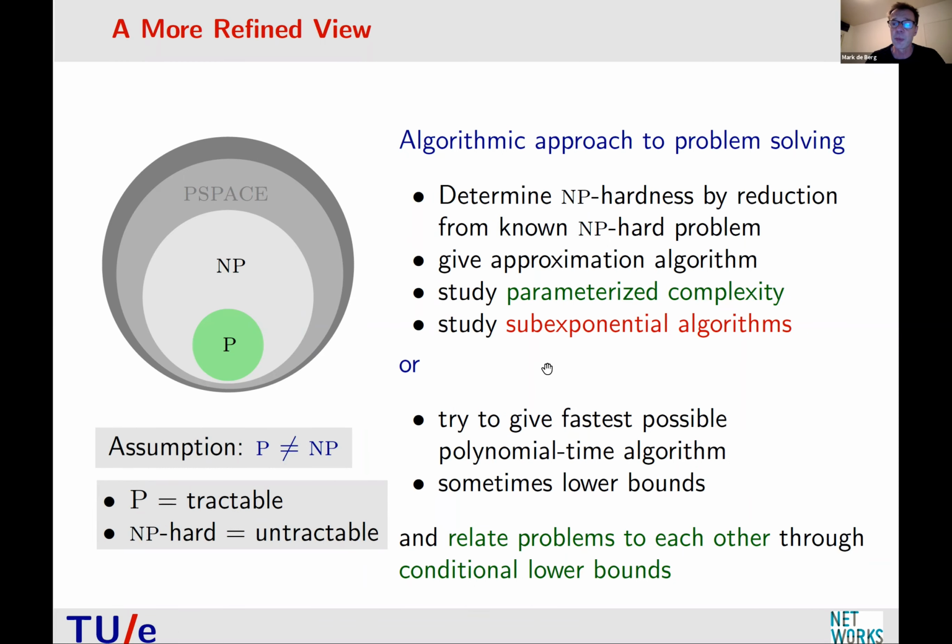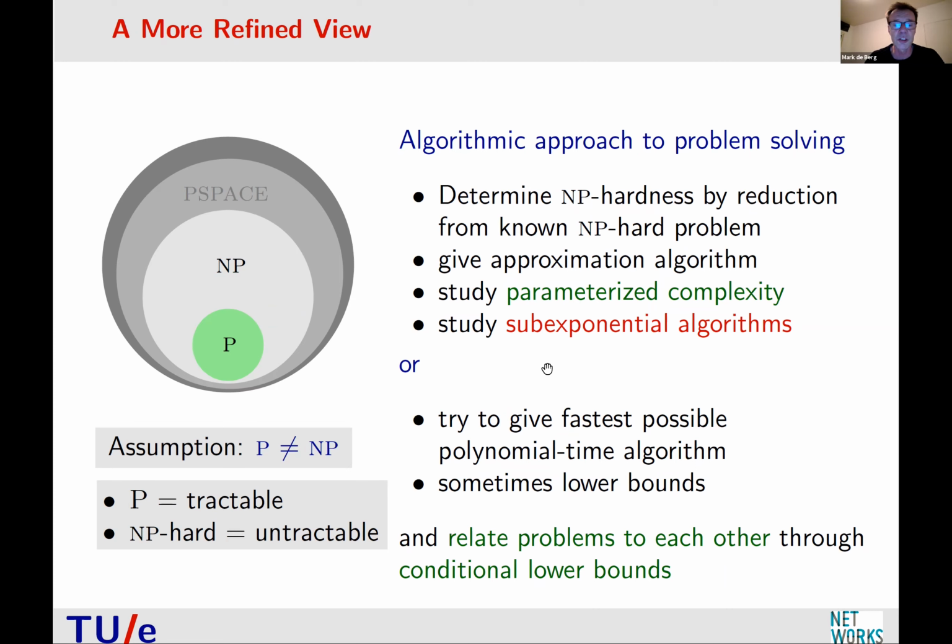The other thing that people did, and that's actually what we're also going to see in this talk, is to look at so-called sub-exponential algorithms. Those are algorithms that are not going to be polynomial, because this is for NP hard problems, so we cannot expect that. But they are faster than 2 to the n. And I'll say much more about that in a moment.